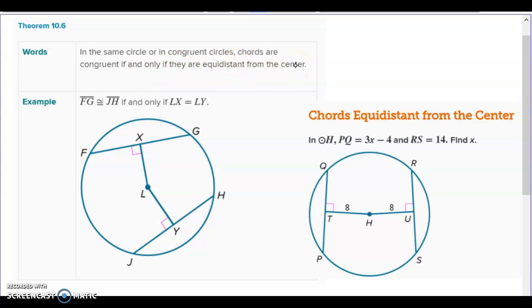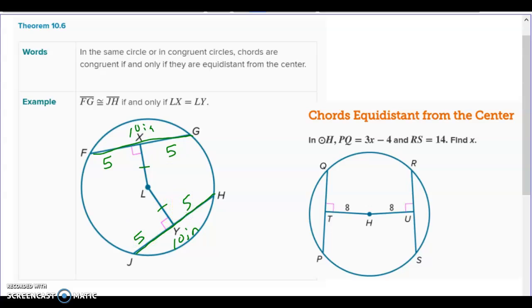So on this one, if I know LK is equal to LY, then I would know that FG would be equal to JH. Let's say this was 10 inches, so then this one would be 10 inches. I also see that that segment is perpendicular, as well as down here, so that means it's also bisected, so each of these would be 5s.